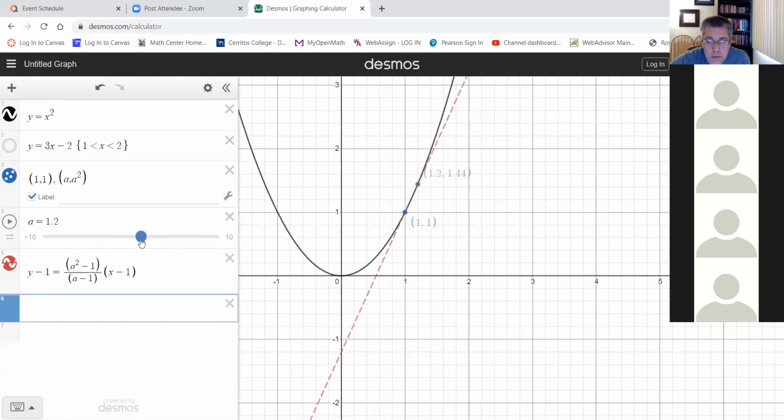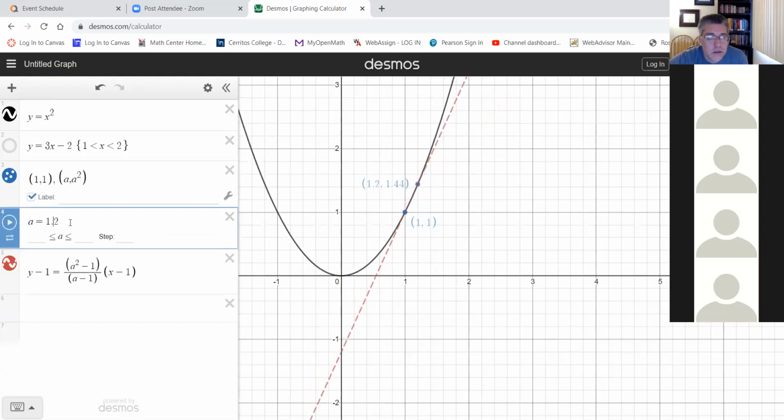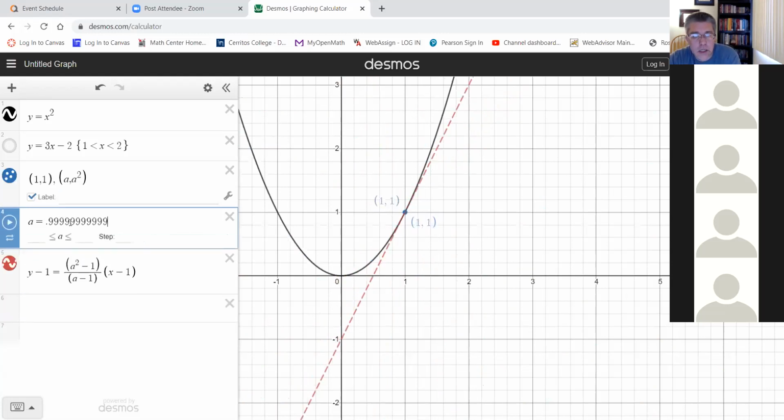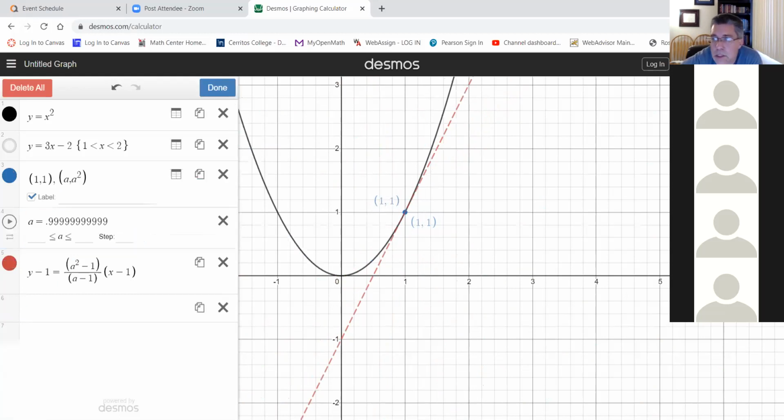The slope is undefined. But if I just get close enough, I could even get really close on the other side, 0.999999999. And so you can see that that's the tangent line.